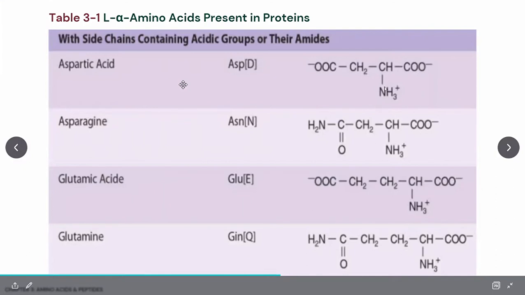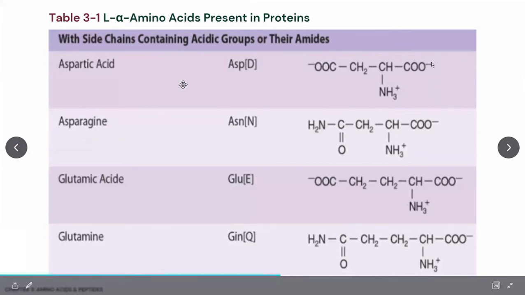And this amino group accepts a proton, and that's why it becomes positively charged. So that's why we have a dipolar ion. Positive and negative poles.